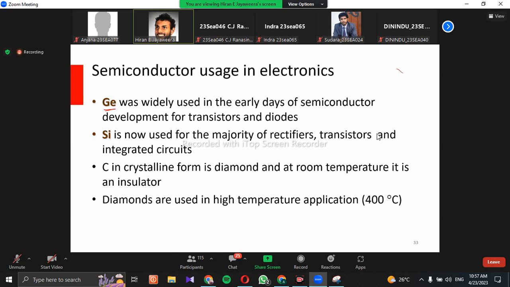They don't have semiconducting properties. In that case, probably you can use diamond. Other than that, carbon is not really used as a semiconducting material because the crystalline form of carbon is diamond, which is very expensive, and also it is not that clean. It is contaminated with other things, and it's very difficult to make.